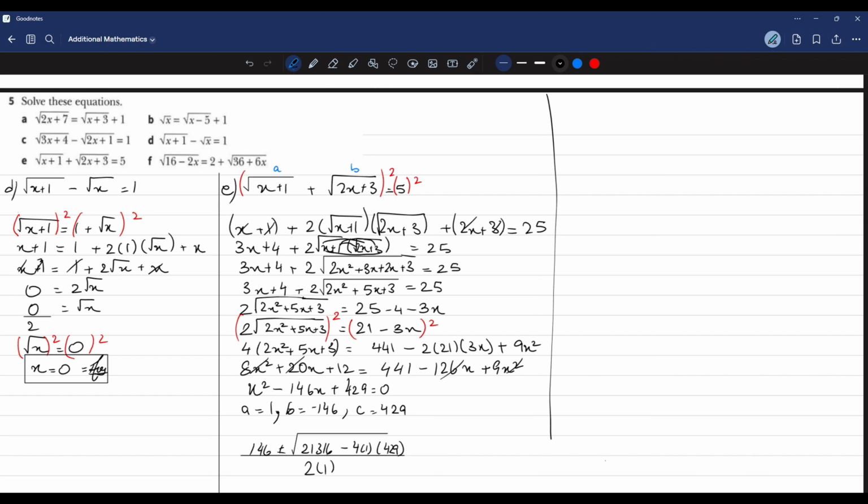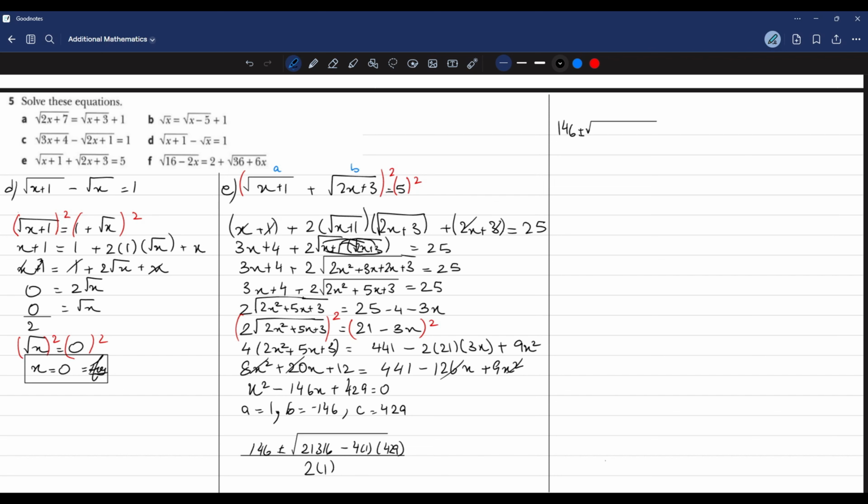Simplify this further. We have 146 plus minus under root of 21,316 minus 4 multiplied by 429. It's 19,600. Okay, it's 19,600. My bad.